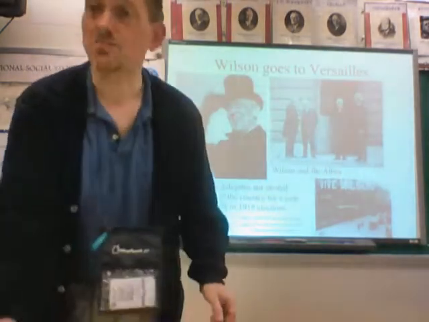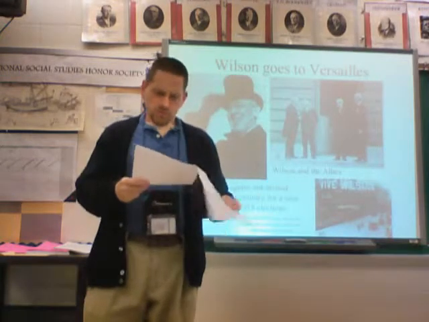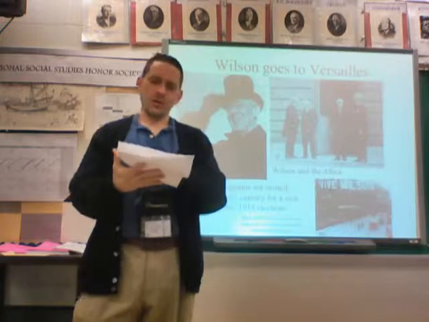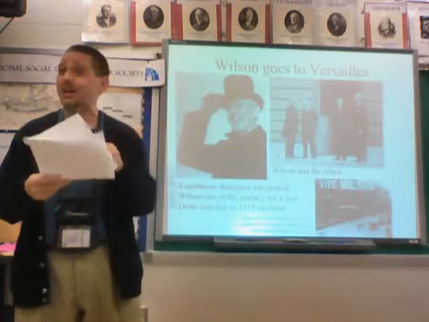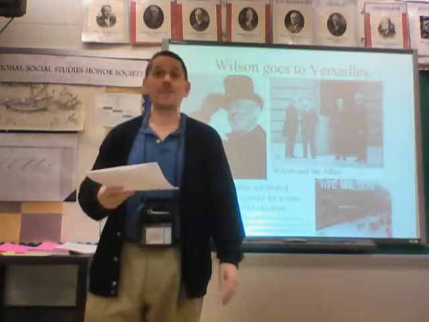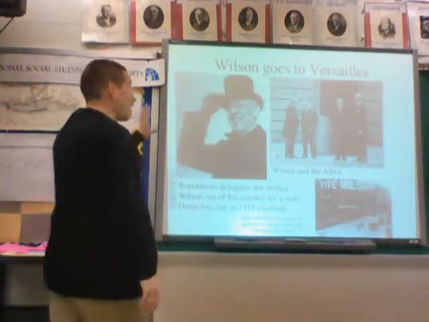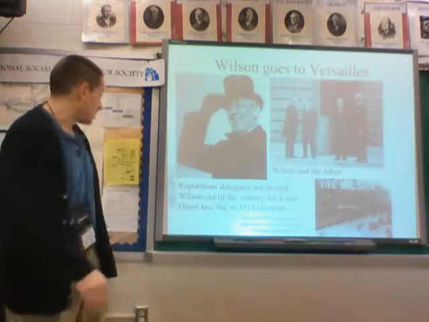And the Allies, Britain and France, look at it and go, what? No. Getting rid of colonies? No. Lowering economic barriers? No. Where's the punishment for Germany? And so a lot of the 14 points gets watered down and compromised.